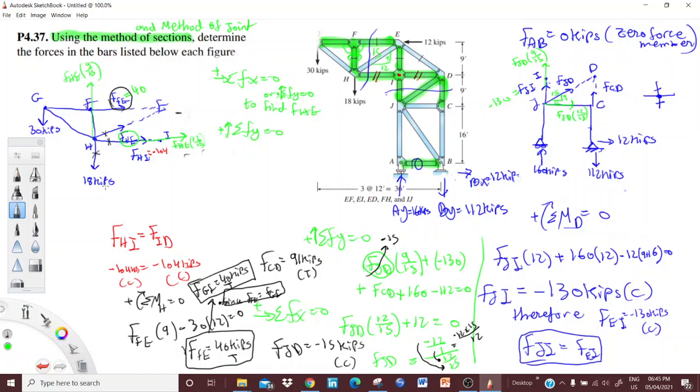So you have here negative 18, you have negative 13 external load, then you have upward force, which is positive FHE, equal to 0. Therefore, we didn't find HE here.